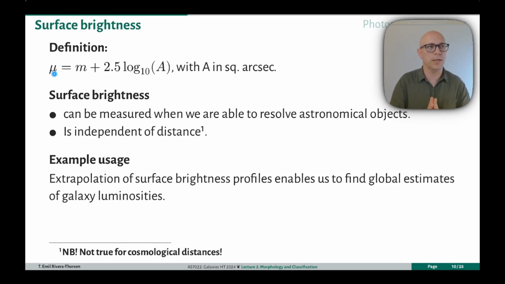Surface brightness is an important term because you can have the same flux from a star, which is a point source, where all the flux comes from just one place, and a similar flux measured from a large galaxy where all the light that you get is smeared out over a large area on the sky.